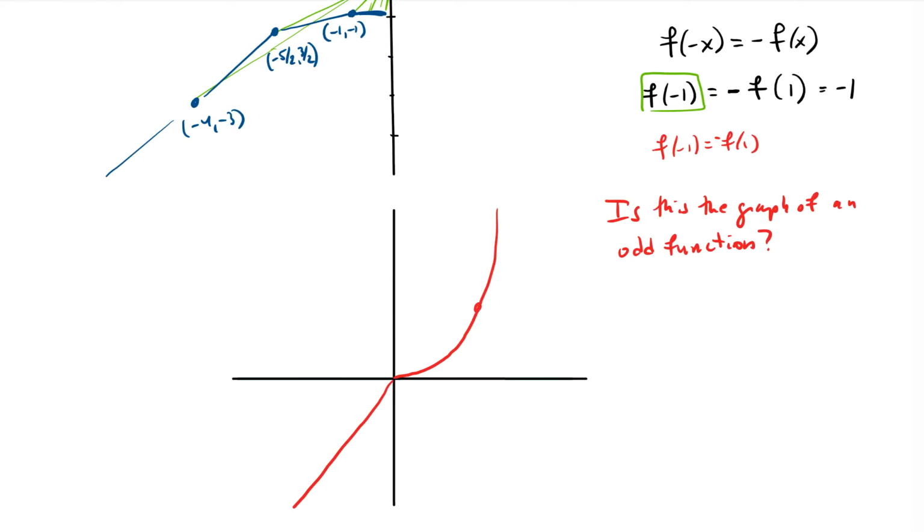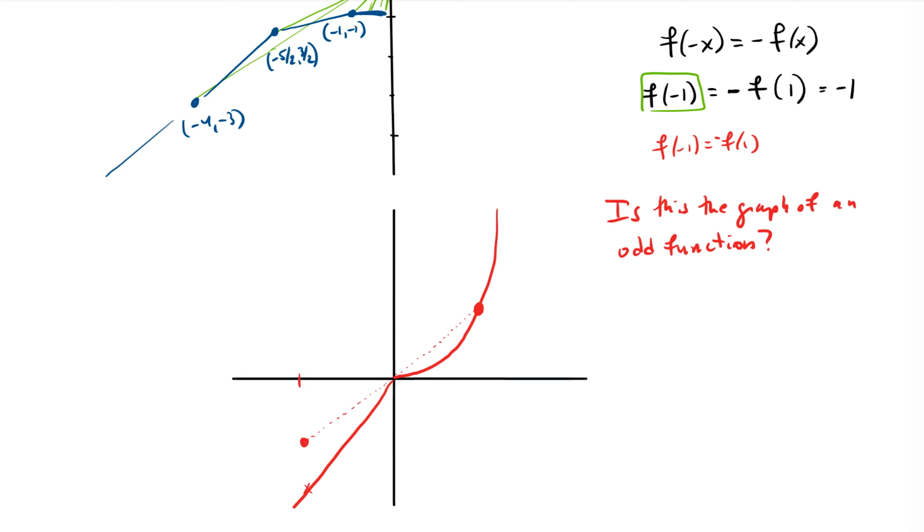So for example, take this point, and then try to reflect it across the origin. You can pretty much see we'd end up over here normally. And actually at this x value, we're down here on the curve. So we should be here, but we're elsewhere. So this is not an odd function. Like visually, we can see it.